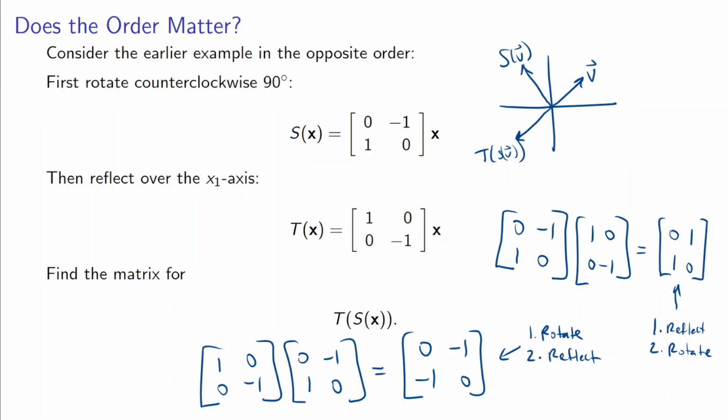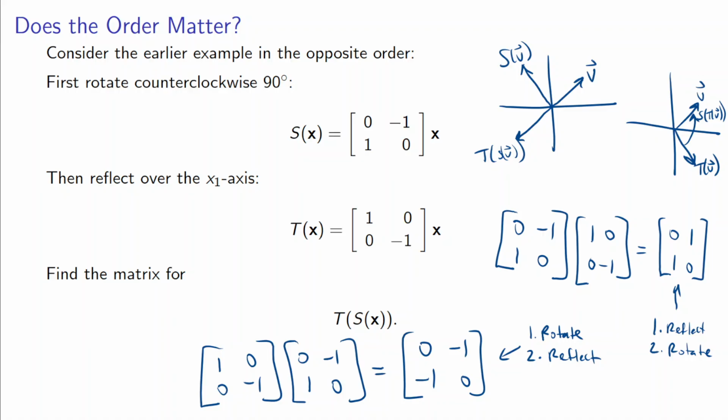Versus if I were to draw a new graph over here and do it in the opposite order. So maybe here's v. If I first reflect it, so this would be T of v, and then rotate it, it looks like I end up back where I started based on how I drew this, but that's okay. Maybe we end up rotating by 90 degrees and get back up here. This would be S of T of v. The point here is that these are very different.